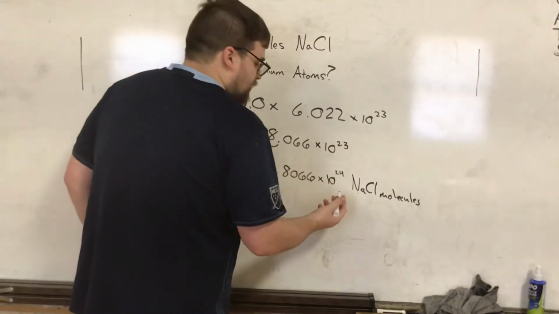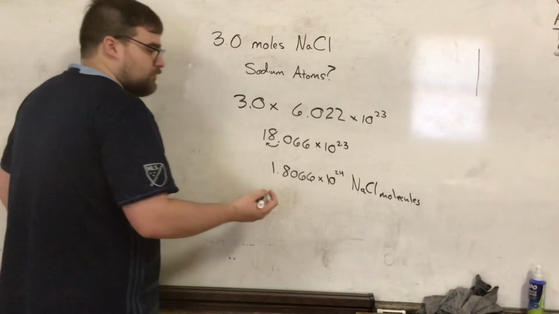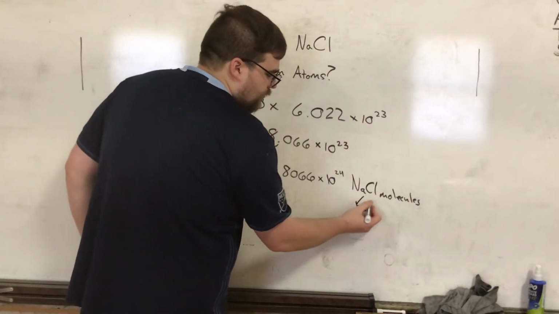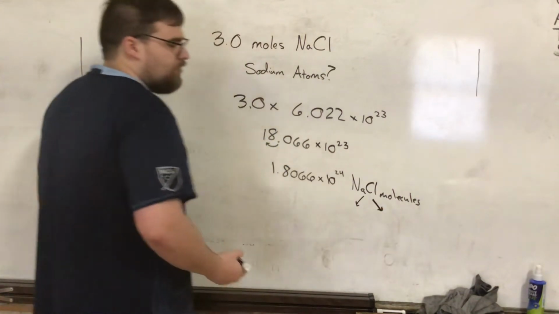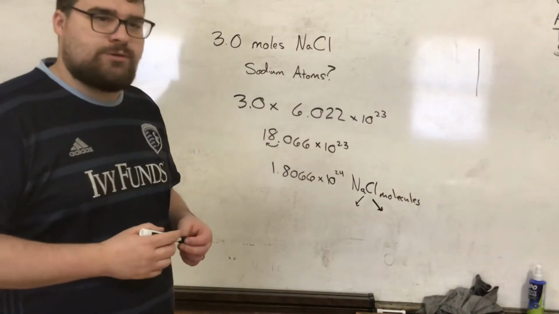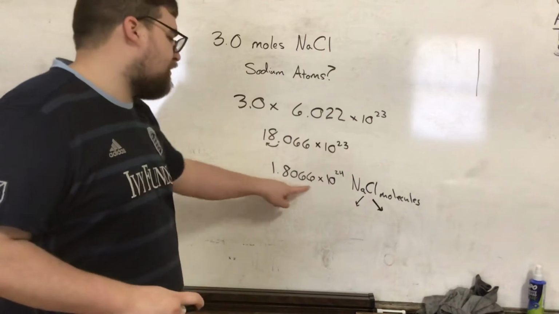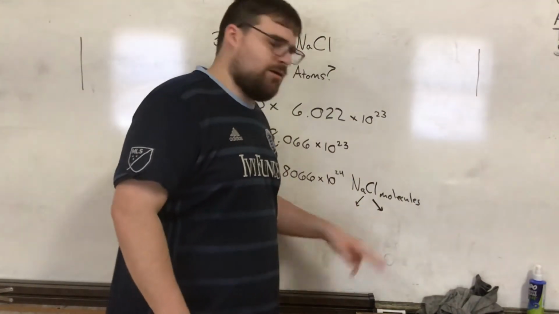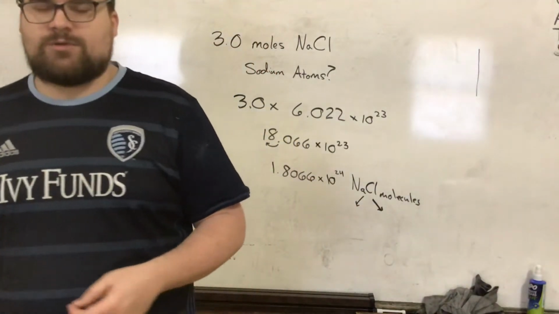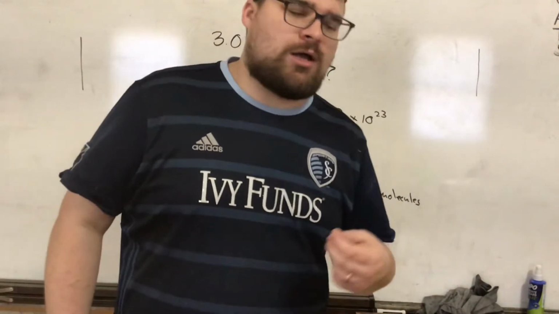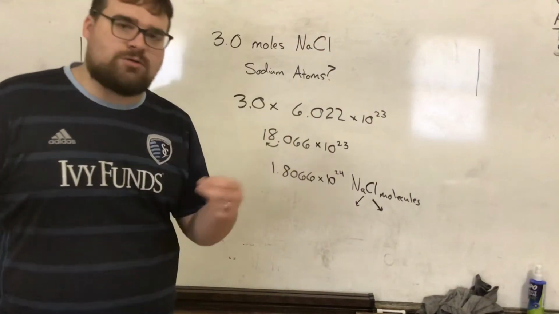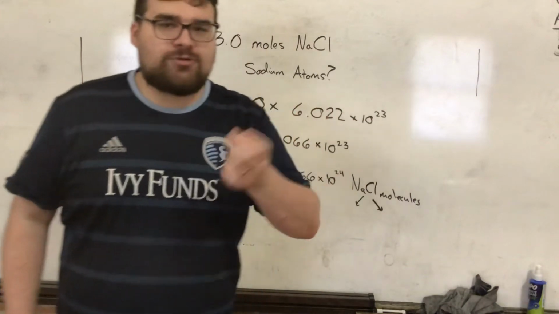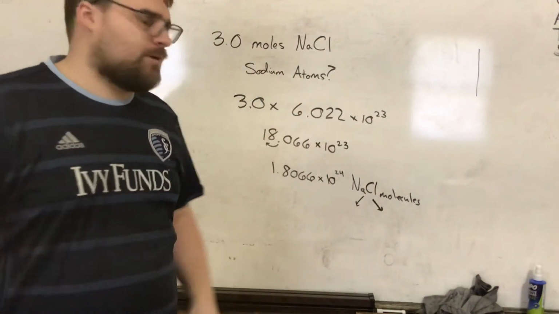So in this case, if we broke this up, if we broke this apart, then we would have this many salt molecules and we would have this many chlorine atoms. Sorry, I should be using the term atoms whenever we're talking about a single element and molecules whenever we're talking about a compound, but sorry.